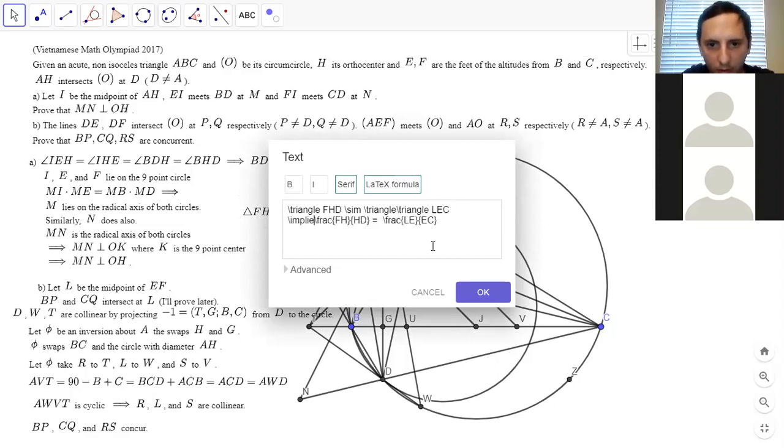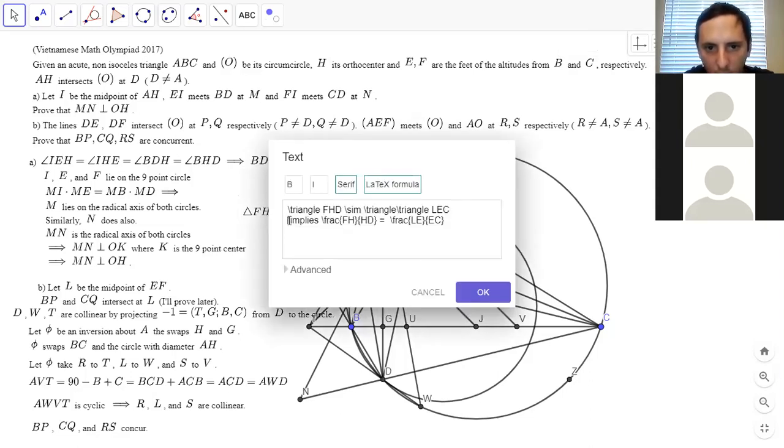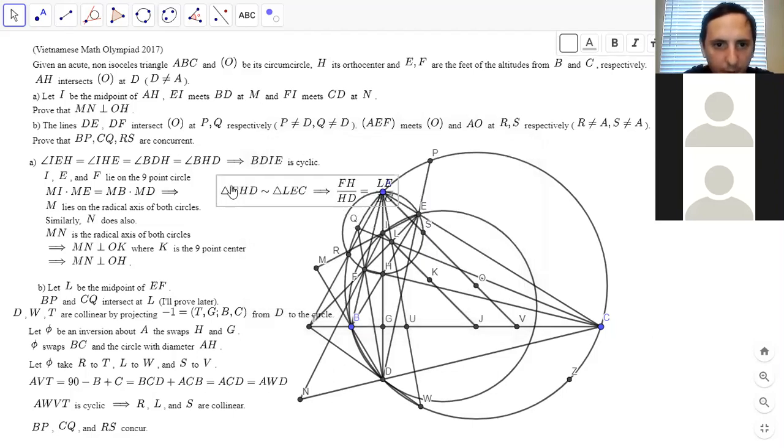Maybe I'll just write it right here, and then FHG is similar to FEC.